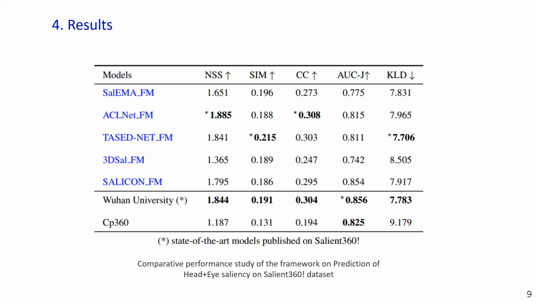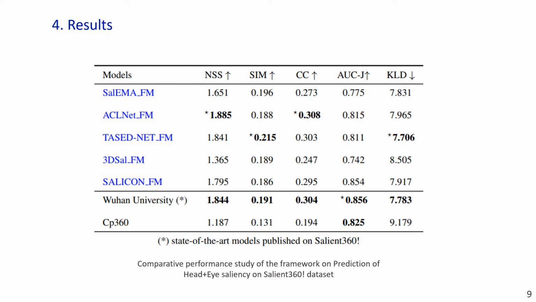This table shows the comparison of our 2D-based saliency model framework against 360 saliency state-of-the-art models, CP360 and the Wuhan University model, which is the state-of-the-art model published on the Salient 360 benchmark.